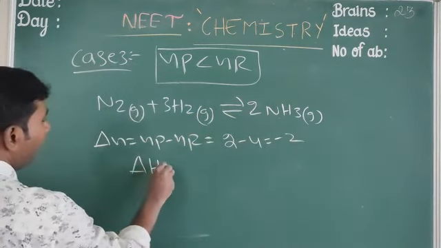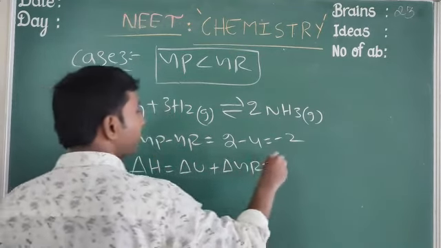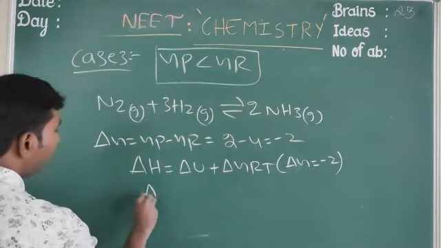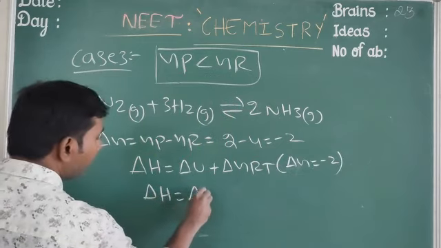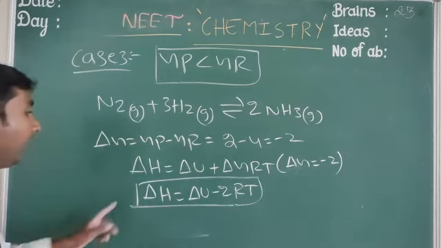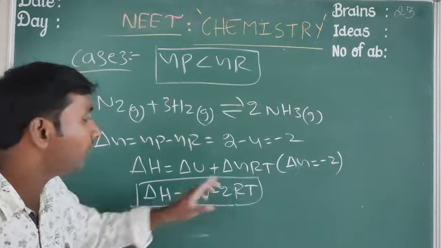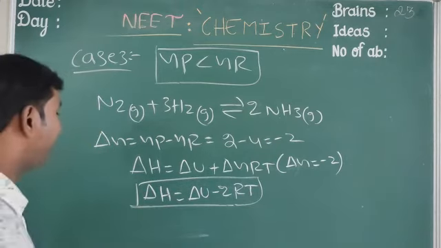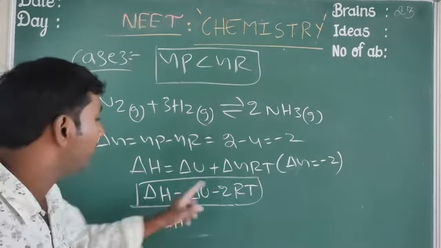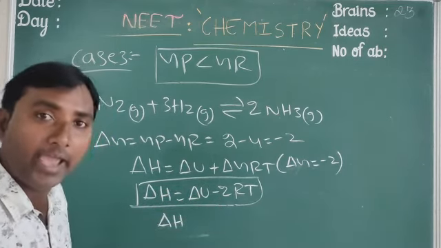Now ΔH equals ΔU plus ΔnRT. Here Δn equals minus 2. That's why ΔH equals ΔU minus 2RT. So here change in enthalpy equals change in internal energy minus 2RT, meaning a value is subtracted from the change in internal energy.